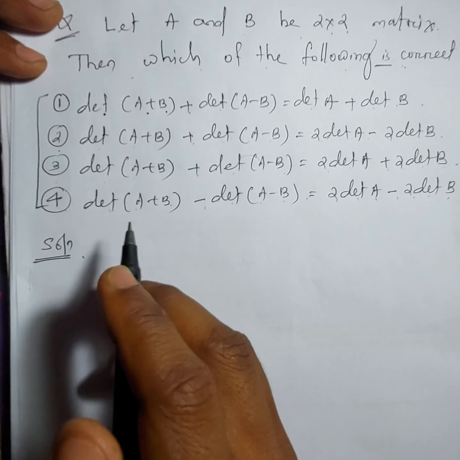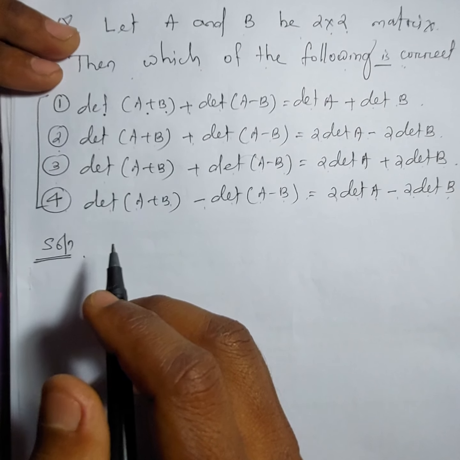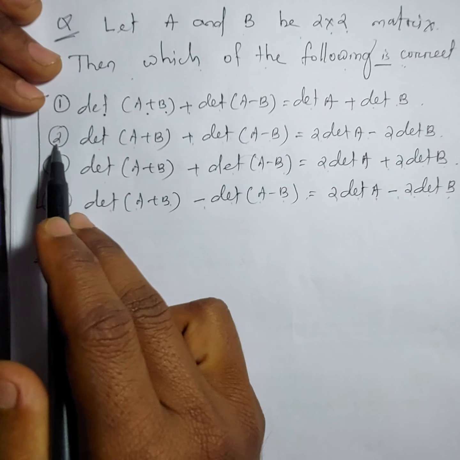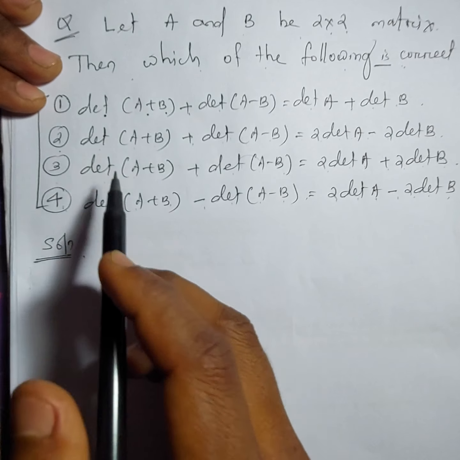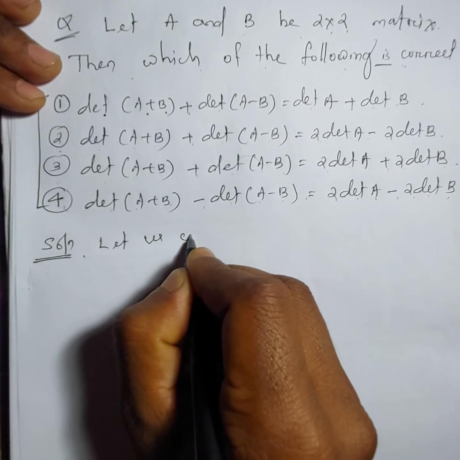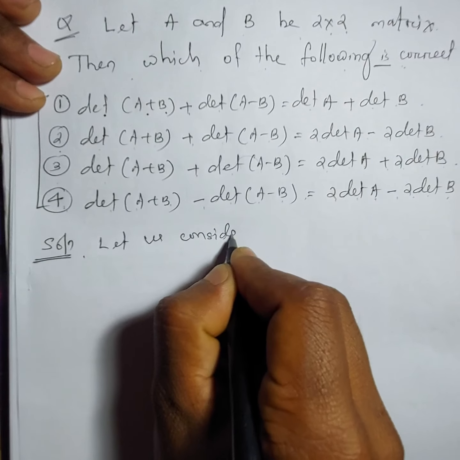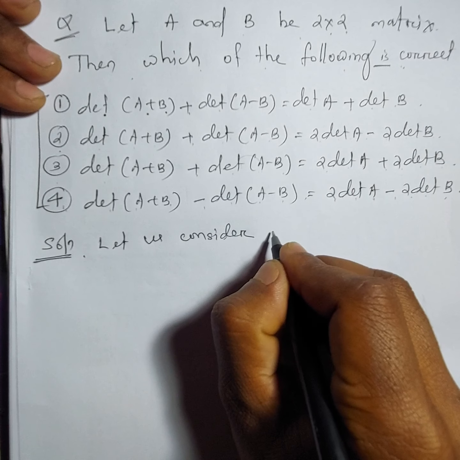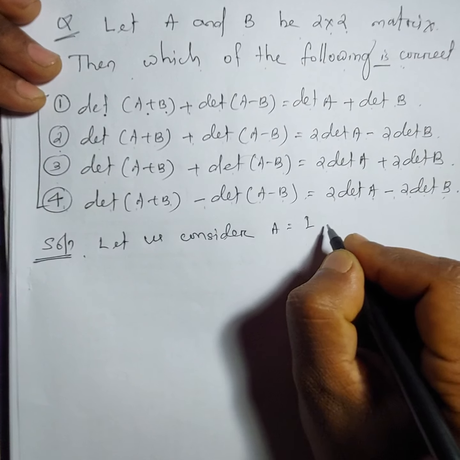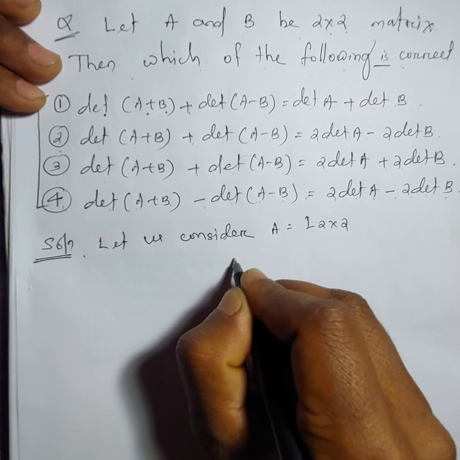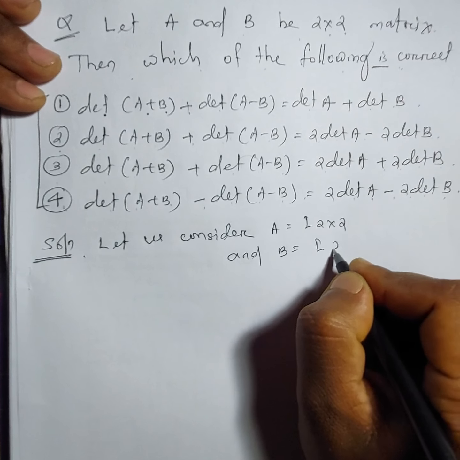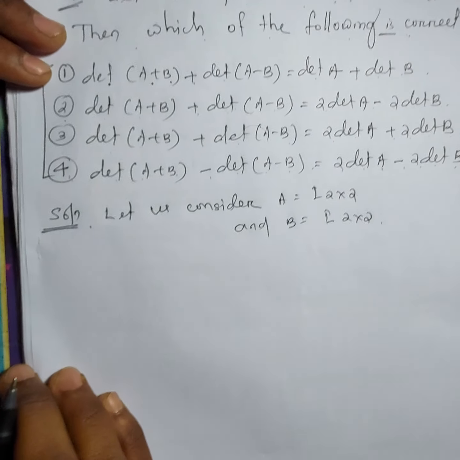We solve this question by the discarding method. Means we take some counter example to options 1, 2, 3, 4 and then we discard them. Let us consider A equal to identity matrix of order 2 and B is equal to identity matrix of order 2.